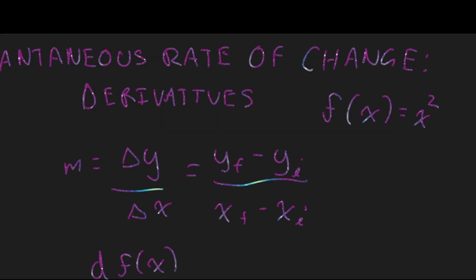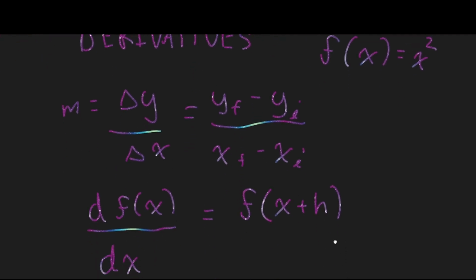So d f of x over dx is equal to your final f of x after the change happened. Let's call it f of x plus h, meaning that your x increased by h. That h is the smallest number, the number that's closest to zero. You have to remember that so you don't get confused.